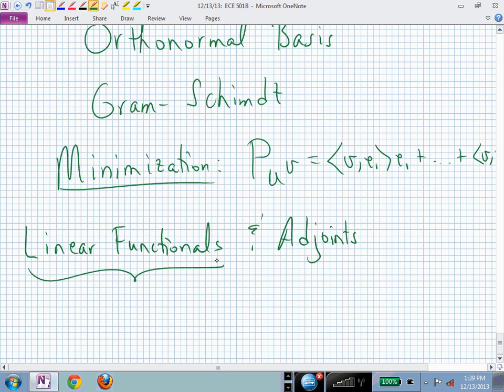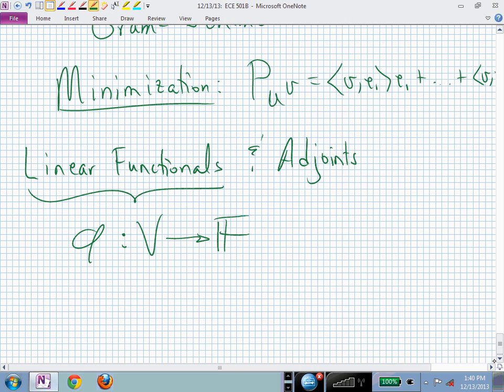In terms of linear functionals, we might have some generic linear functional phi that takes some high-dimensional, n-dimensional vector space into some scalars, real or complex. That's some map. But we learned that's equivalent to finding an inner product.